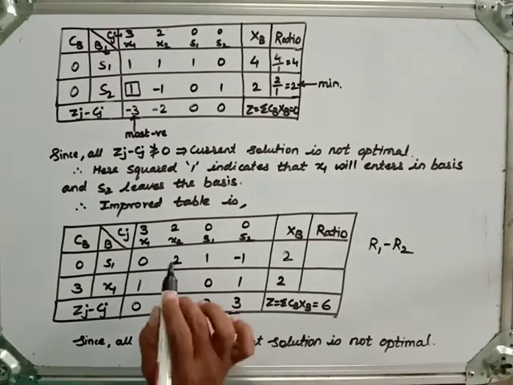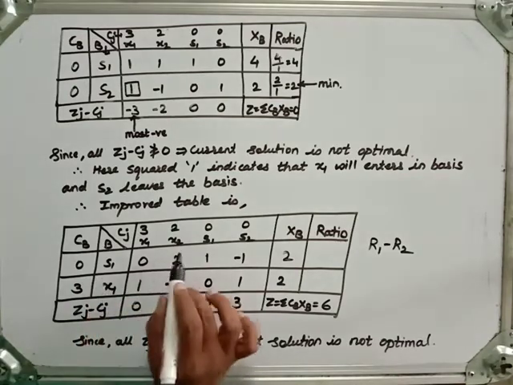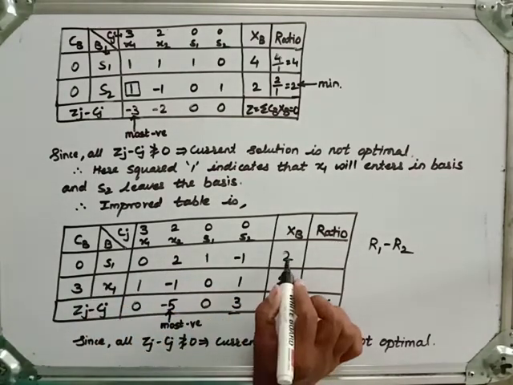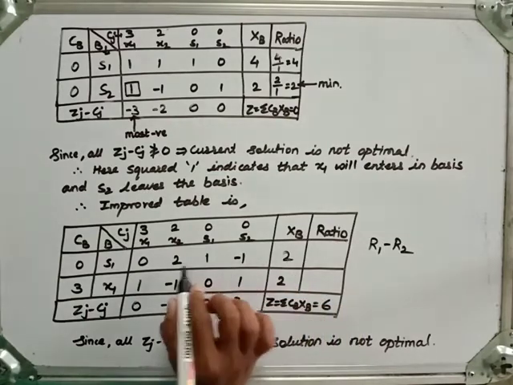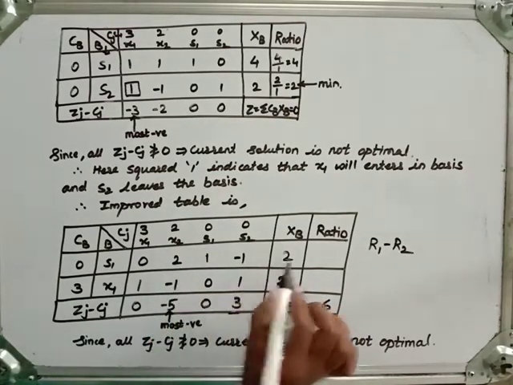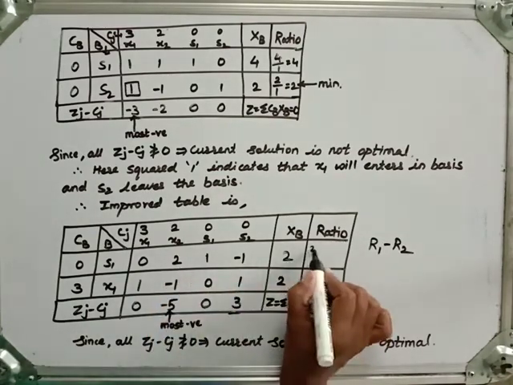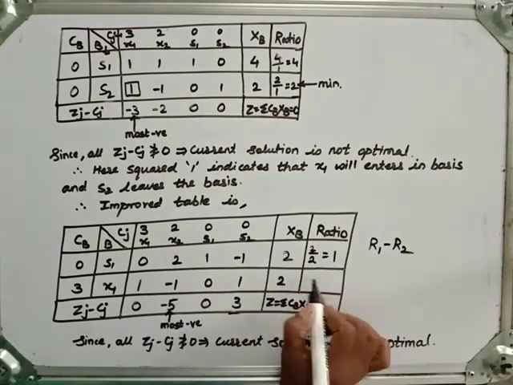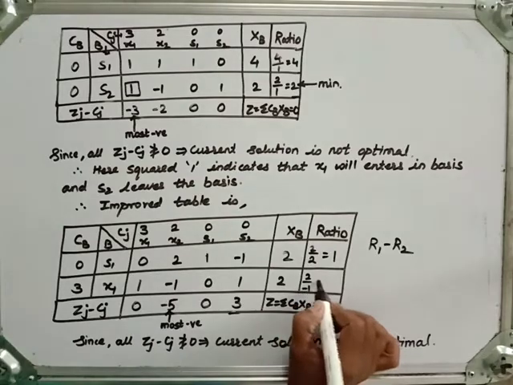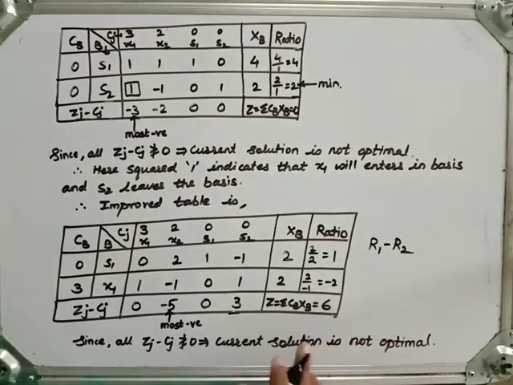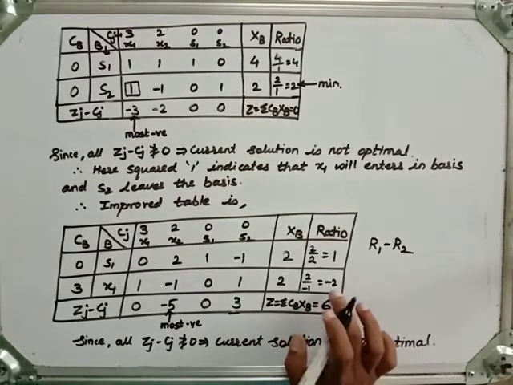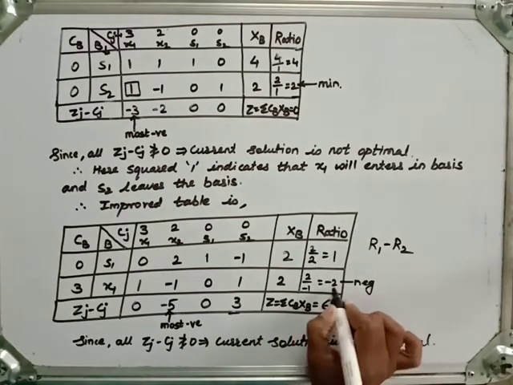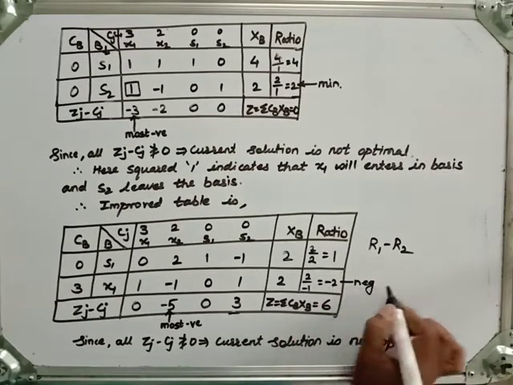Now let us check which element wants to leave the basis. We know x2 wants to enter in a basis. Now here this xb upon the elements of this pivot column, so 2 upon 2, it will be 1. Now here 2 upon minus 1, it will be minus 2. Always remember, if we get a negative ratio, then we will neglect that one.